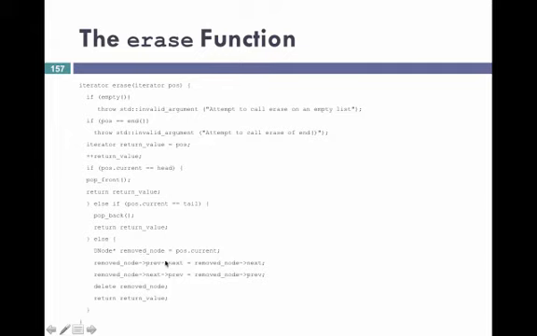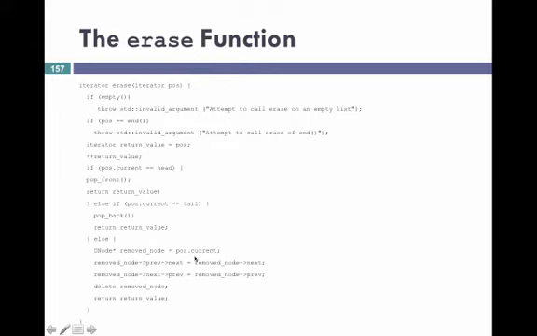Otherwise, we set up the remove node to where the iterator currently points to, and the remove node arrow next, we assign that to the remove node arrow previous arrow next. So this means we take the node that comes before the node we remove and point it at the node following the node we remove.